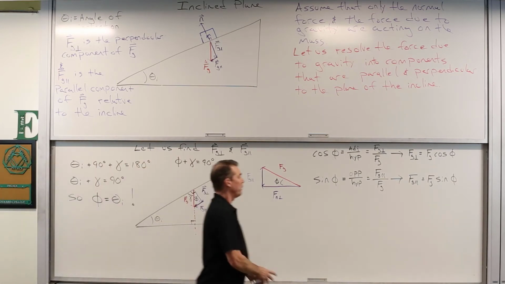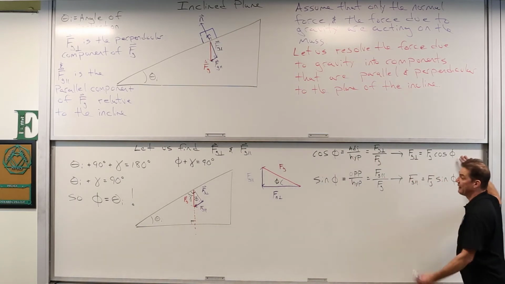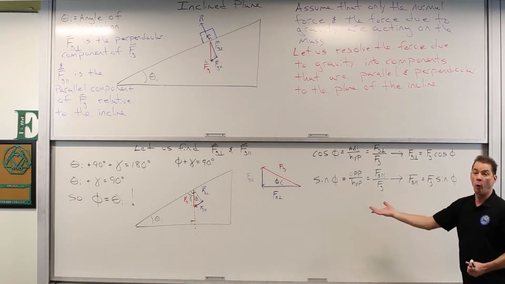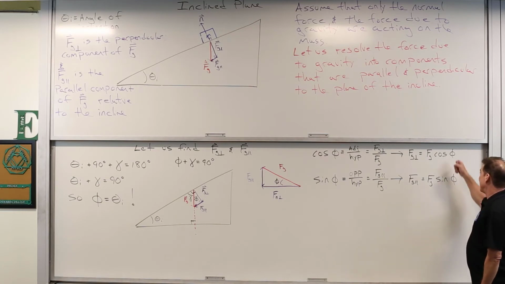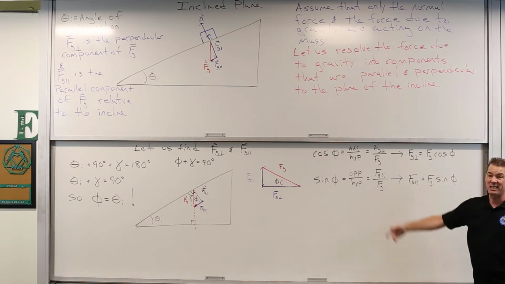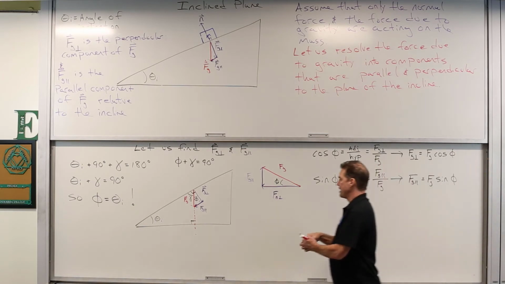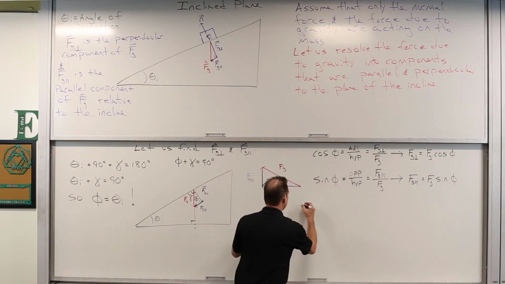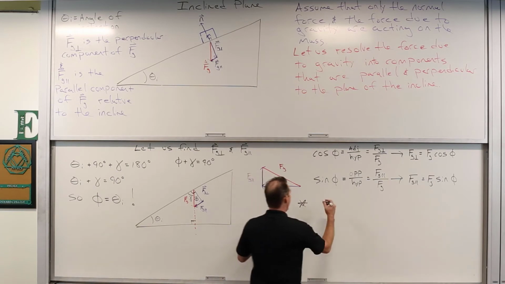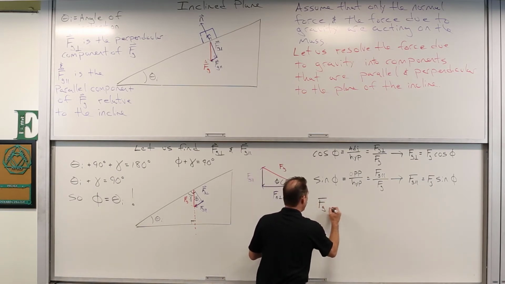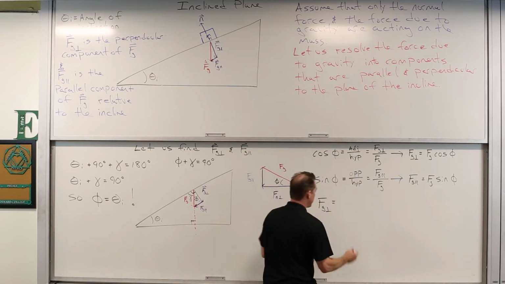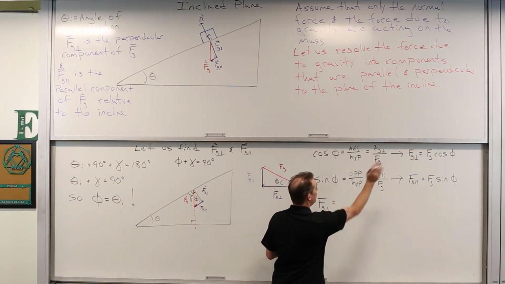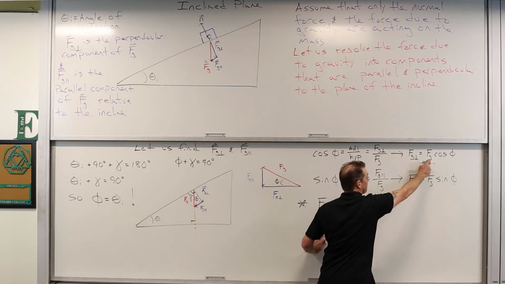Well, it allows us to rewrite these in terms of something that is generally either measurable or given: the angle of inclination. So this phi and this phi are really theta sub I. From this, we get that Fg perpendicular, the magnitude of the perpendicular component of the gravitational force, is equal to, well, Fg is mg, the magnitude.